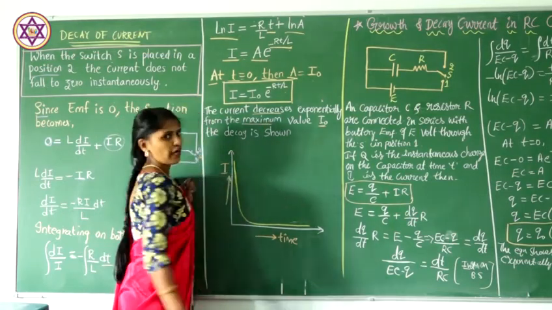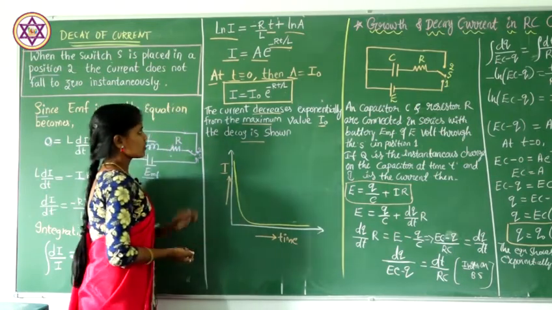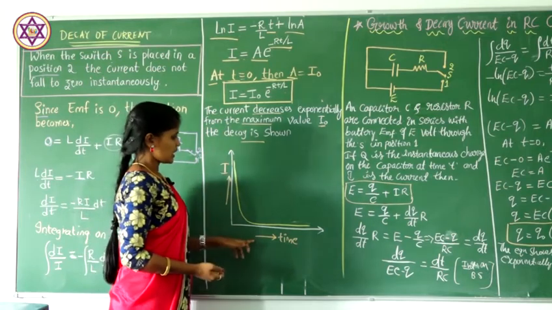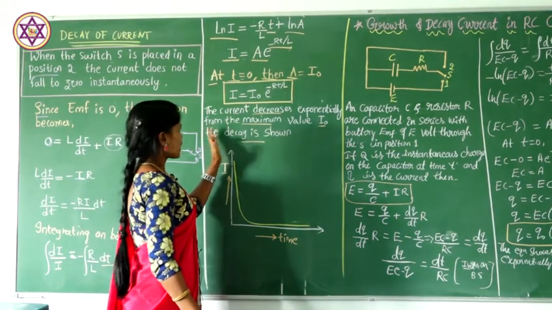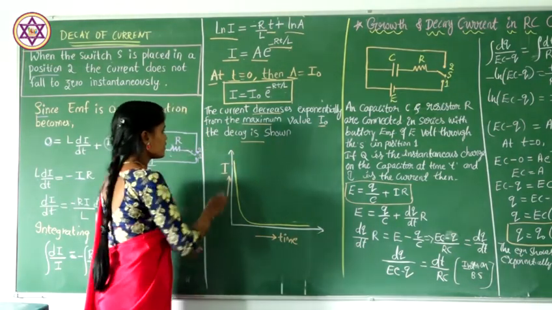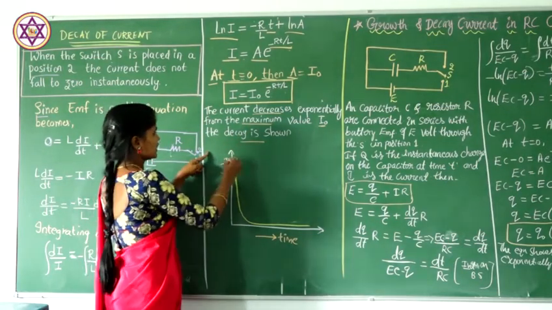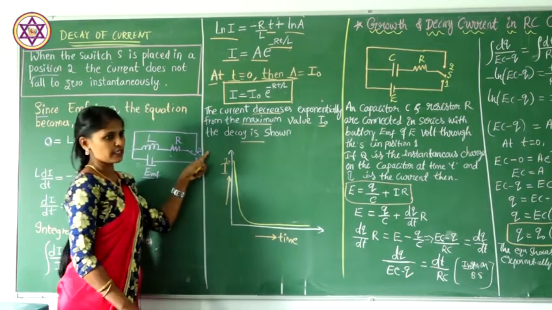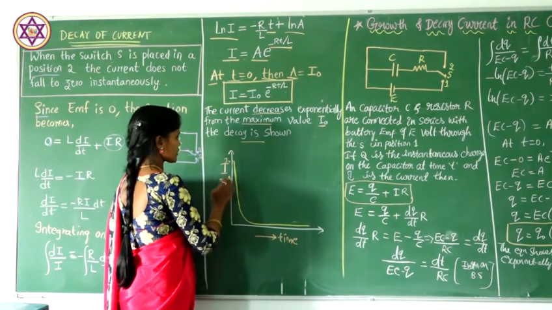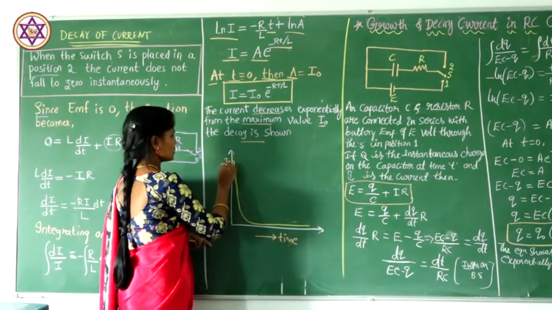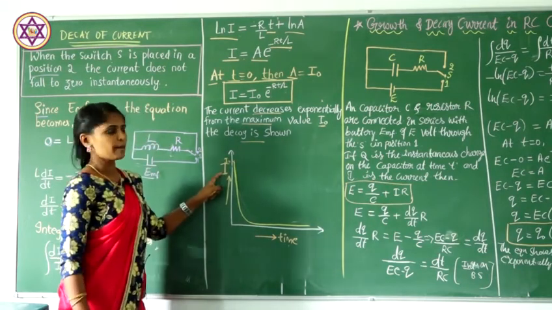In this graph the decay is shown, the graphical representation of time versus current, where I naught is the maximum value of current.